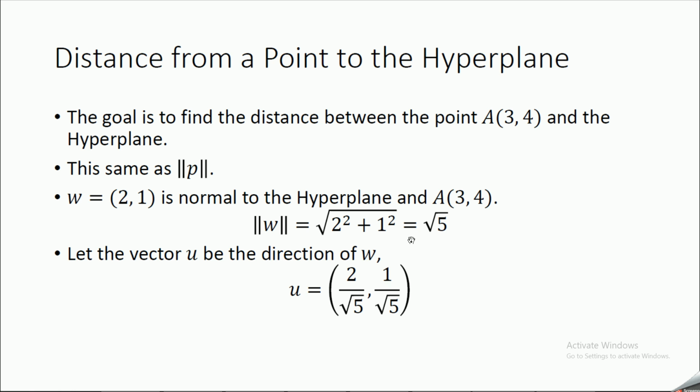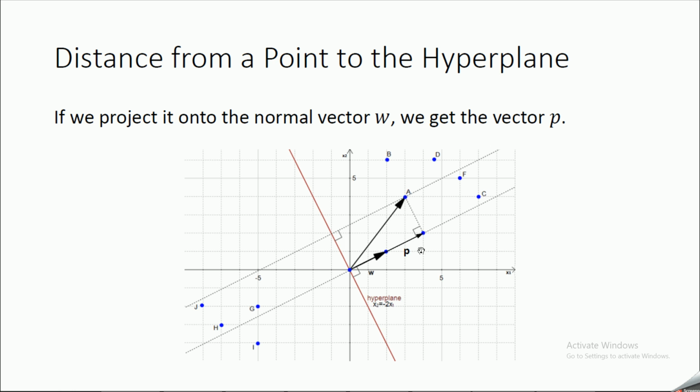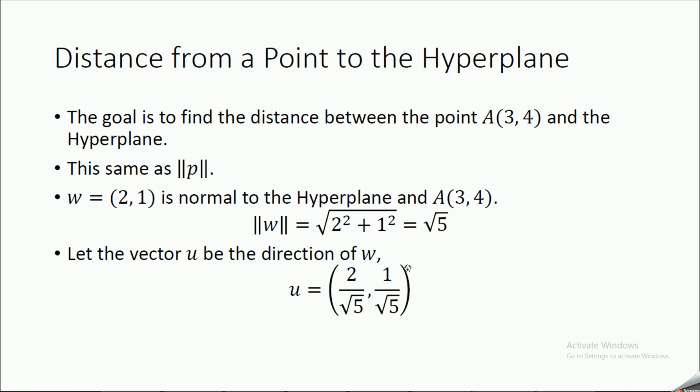Now we are considering another vector u, which is in the direction of your W. So what is it going to be? It is simply this (2, 1) divided by the absolute value of W. Clear?